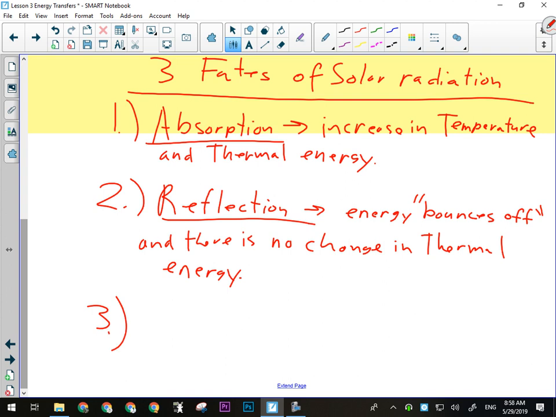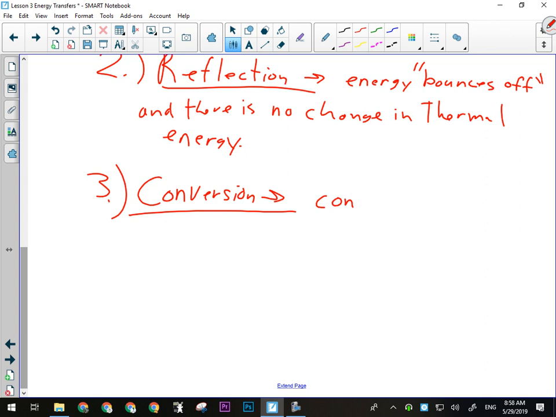Okay, the third fate of solar energy encountering the Earth is conversion. Converting that light energy into chemical energy. What process does that?